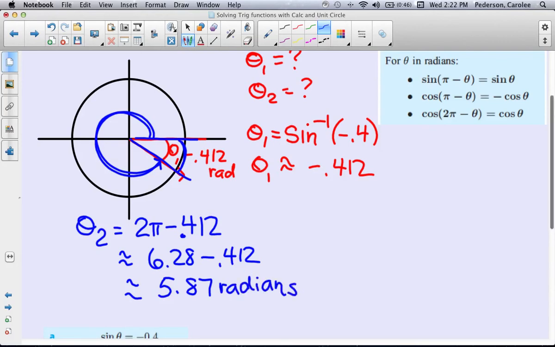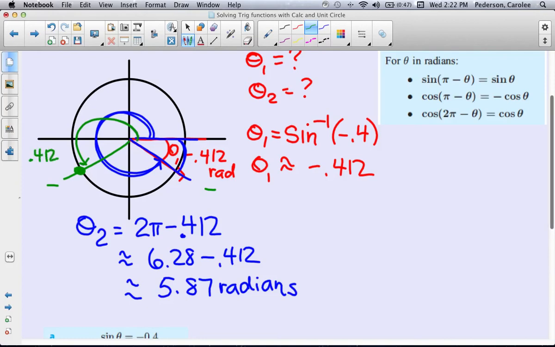Now there is one other angle that is also on the unit circle we haven't talked about. If I come over to here, remember this is a negative sign in this quadrant, so there has to be a negative sign in this quadrant. So to find that angle, either you can use reference angles or take pi and add another 0.412 radians.